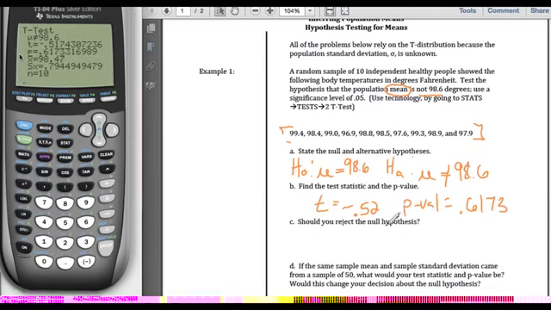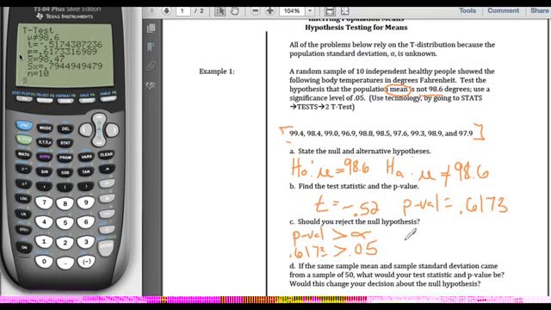Now to answer the final question with this scenario before we adjust it slightly, should you reject the null hypothesis? Well, that goes back to my p-value and my significance level. In this case, the p-value is greater than that significance level. 0.6173 is greater than the given 0.05.